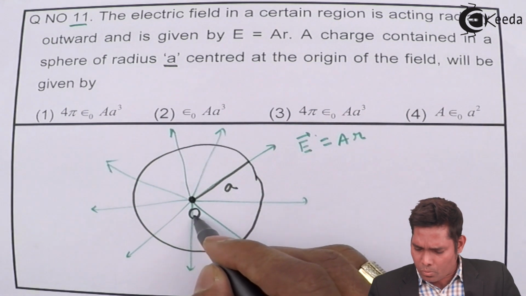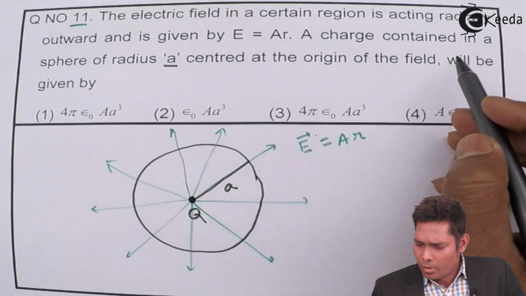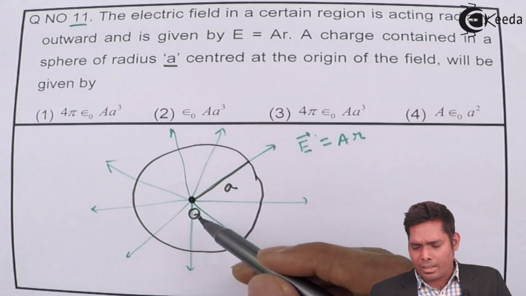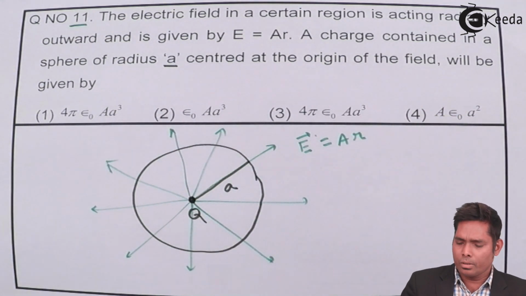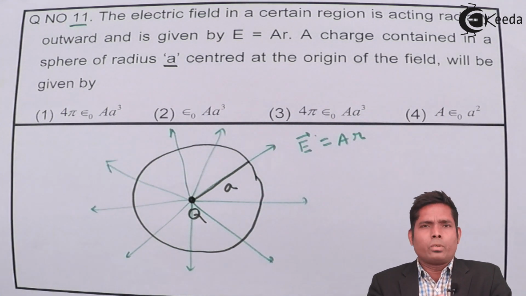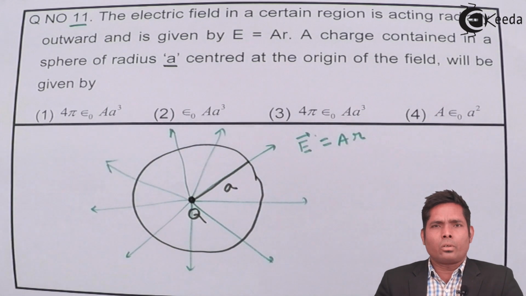Suppose the charge is Q. So what is that charge? That is what you have to find. This is a simple question and you have to apply Gauss's theorem.